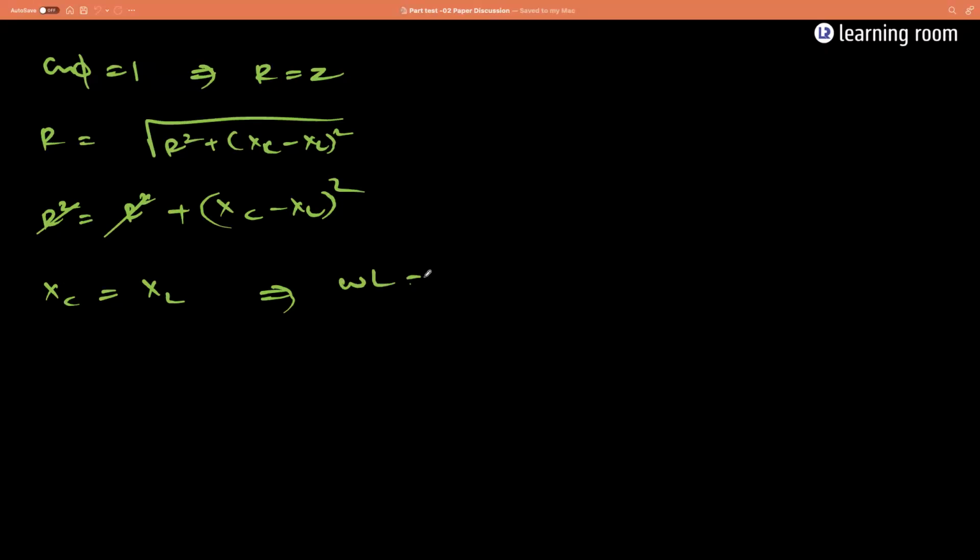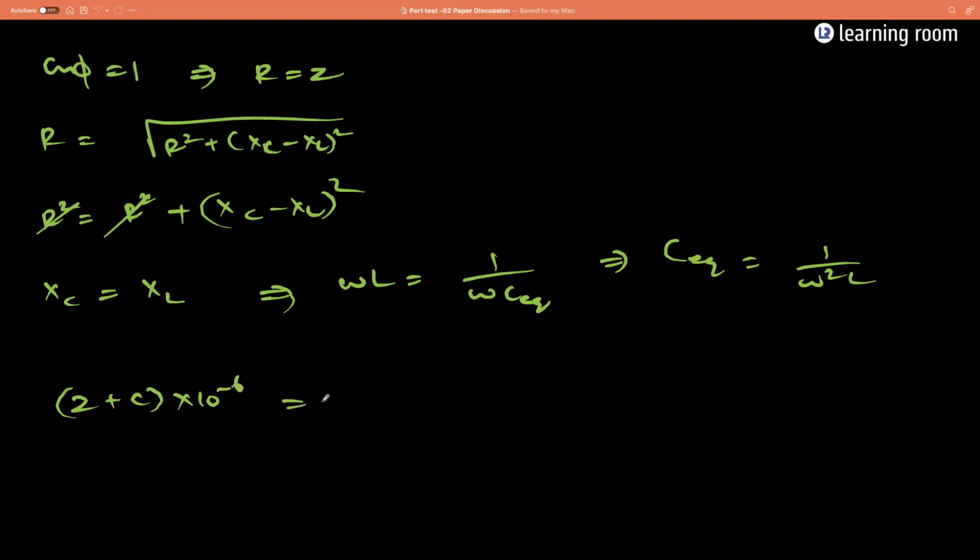XL is omega into L, which will be equal to 1 by omega into C equivalent. So which implies omega square will be equal to 1 by L into C equivalent, or C equivalent will be equal to 1 by omega square L. So C equivalent is 2 plus C into 10 power minus 6, which I'm taking.